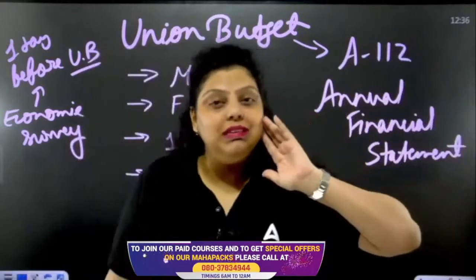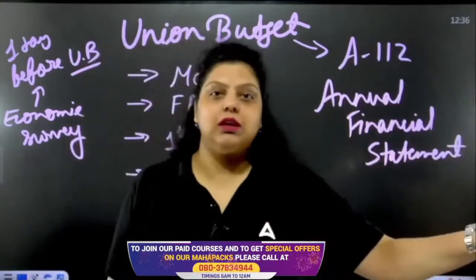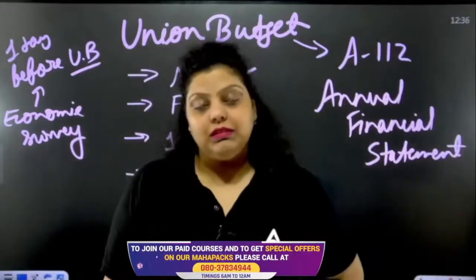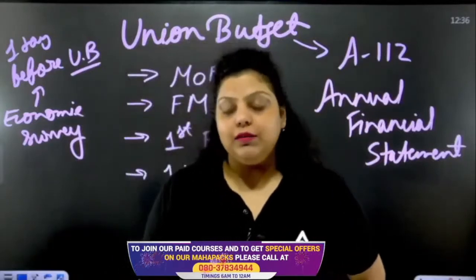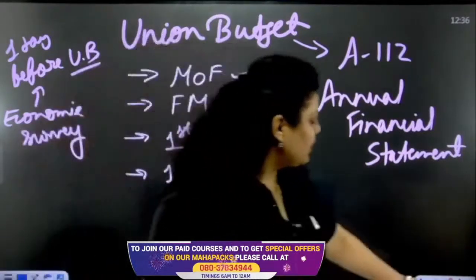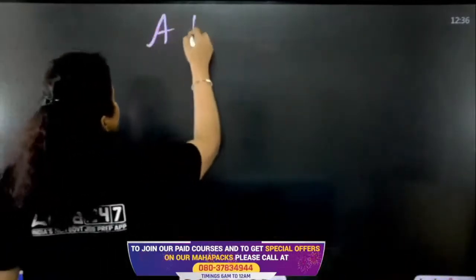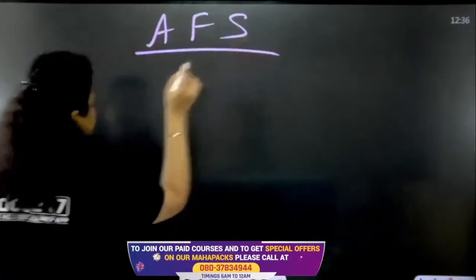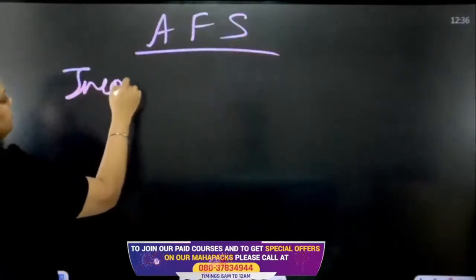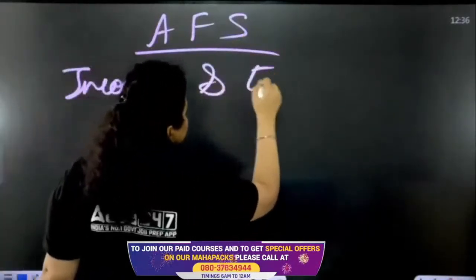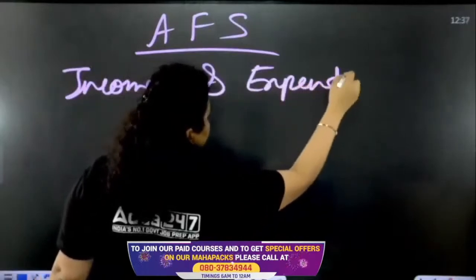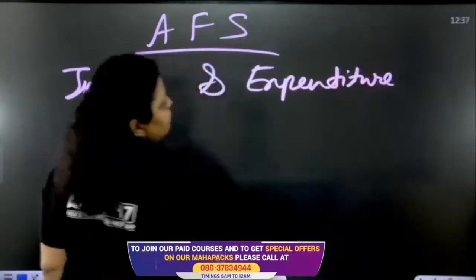The budget is not defined in any particular term, it is talked about as the annual financial statement. This annual financial statement is the statement of income and expenditure of the Government of India.